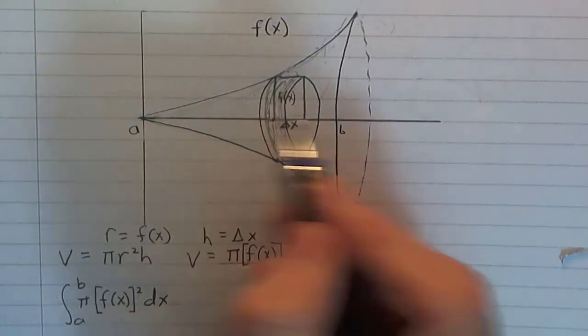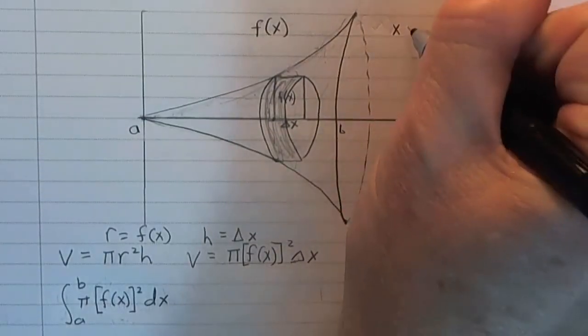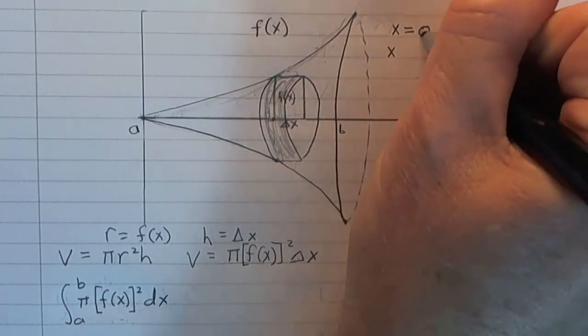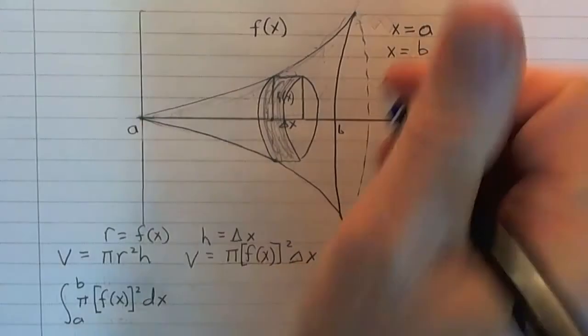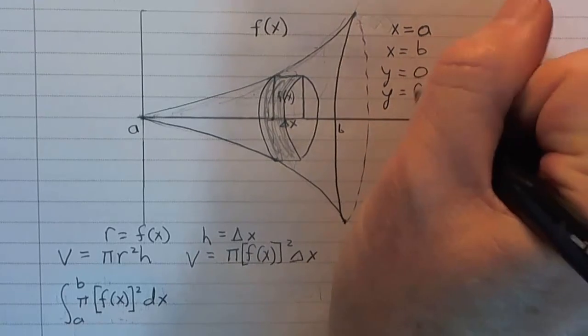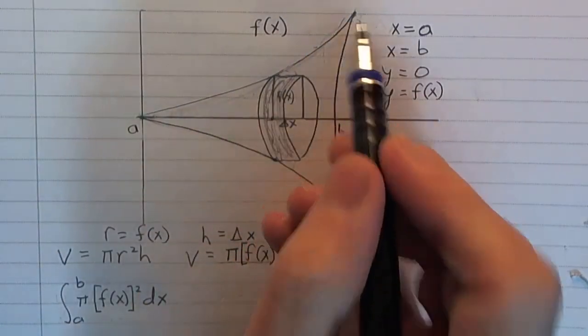In other words, if I were to describe this region here, I would say, well, it's the region bounded by x equals 0, x equals a, x equals b, right? y equals 0, and y equals f of x. See? So it's bounded above by y equals f of x.